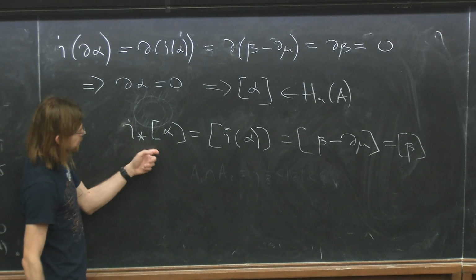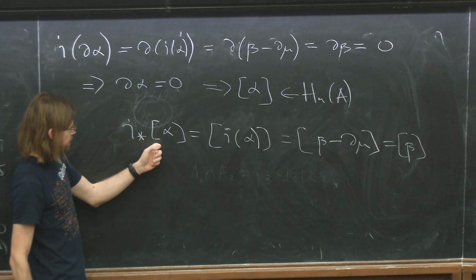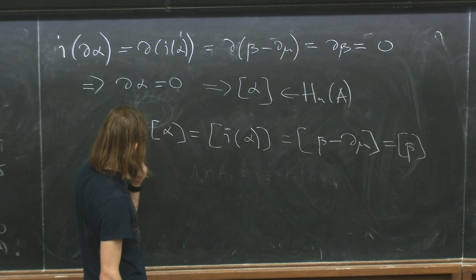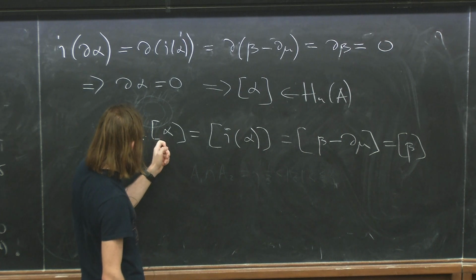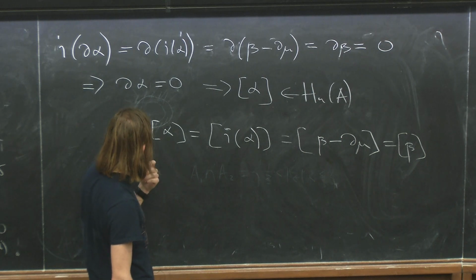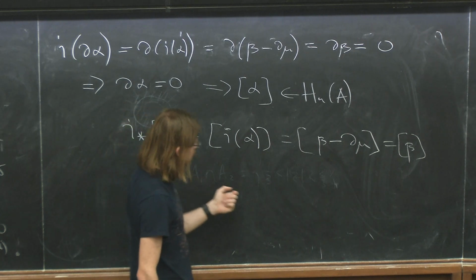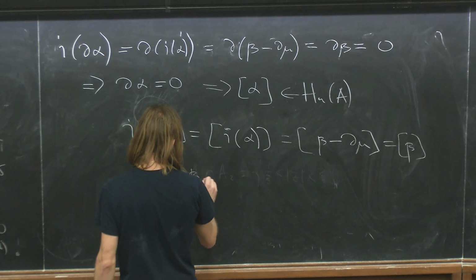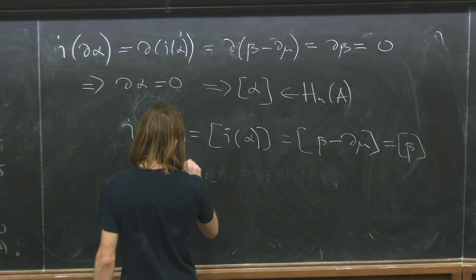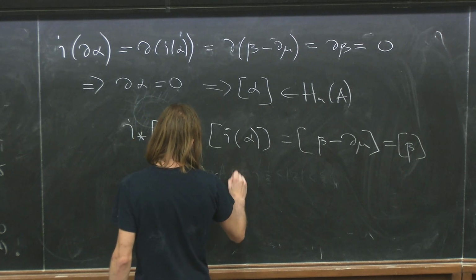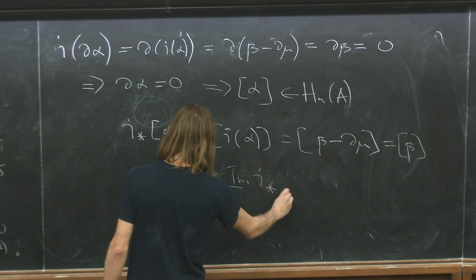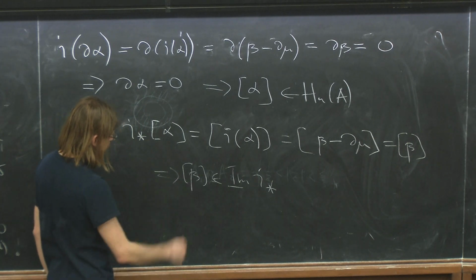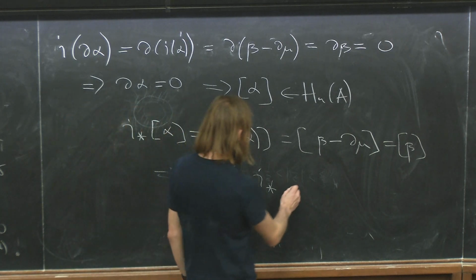We find, so all this hard work which we did was to find some element alpha which represents a class such that if I apply I star on it, I'll get beta. So this shows that the class of beta is in the image of I star. And the class of beta was an arbitrary element in the kernel of J star.